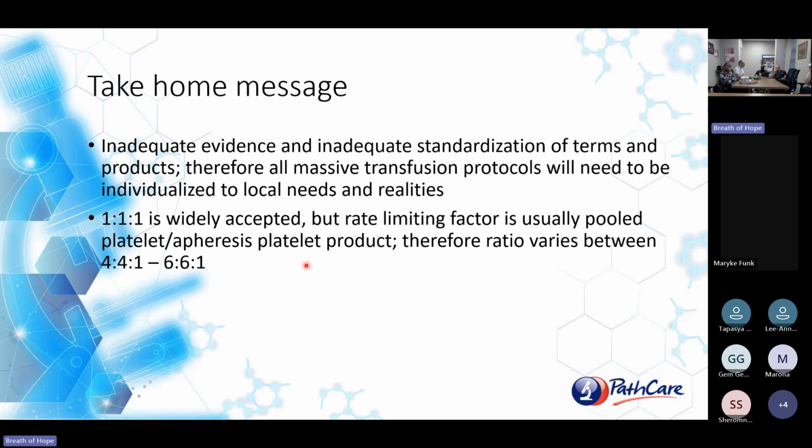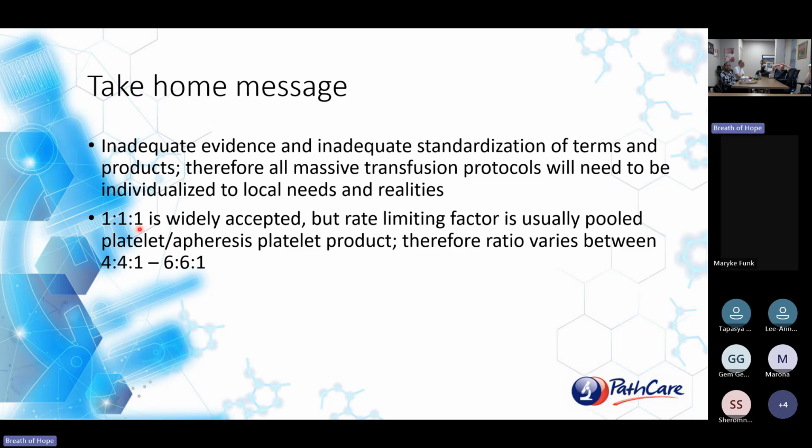So the take-home message: there's inadequate evidence and inadequate standardization of the terms and products involved in massive transfusion. So I can't give you a massive transfusion protocol. You need to develop your own individual massive transfusion protocols according to your local setup and local realities. You also need to correspond with your local blood bank and ask whether the protocol you want to implement is realistic.